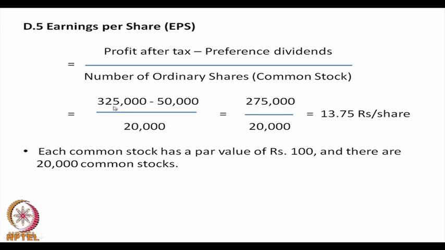In this case it is assuming 20,000 shares at a par value of 100, that makes it 2 million rupees, that was the paid in capital. So, 20,000 is the number of shares. So, the earnings per share now becomes 13 rupees 75 paise.